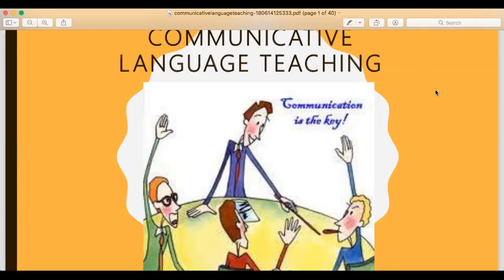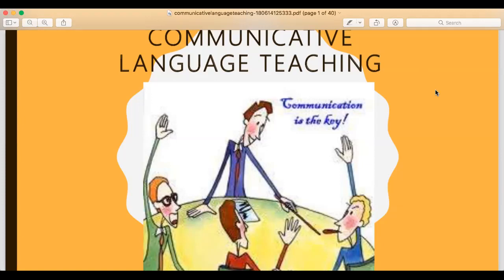So if you want to read the literature of any language, the first thing is you need to know the language, you need to learn the language, right? So why is authentic material a recommended material for these classrooms of CLT?